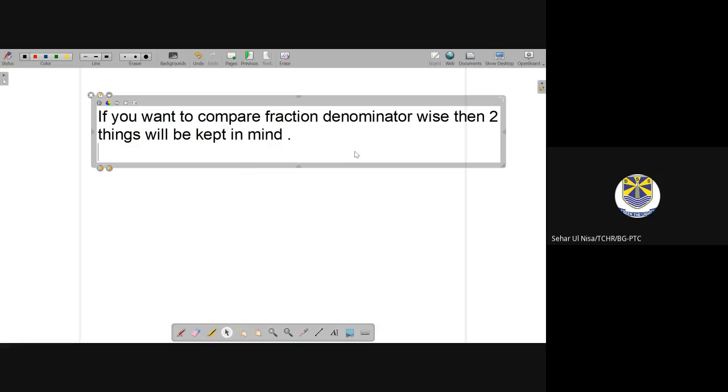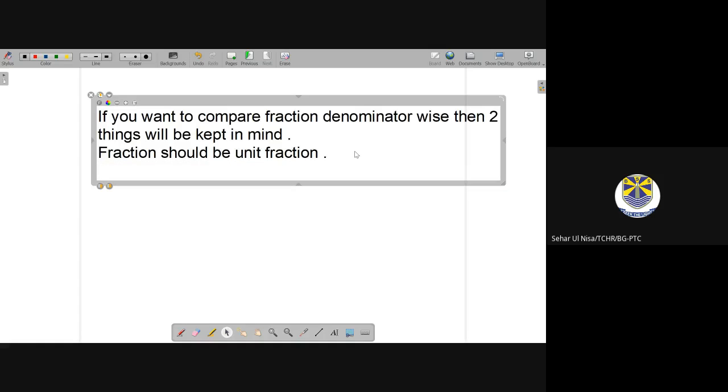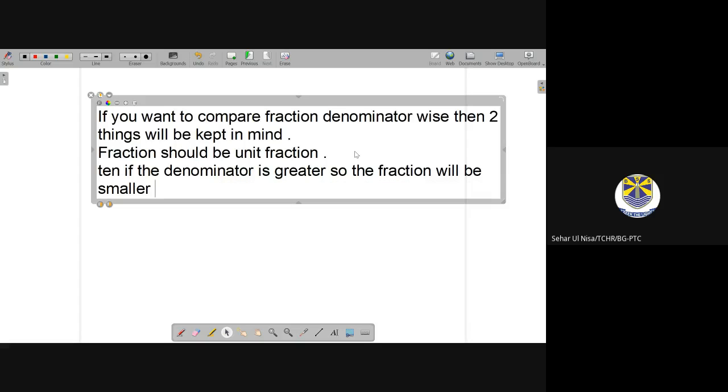First of all, the fractions should be unit fractions. This is the first condition. Then if the denominator is greater, the fraction will be smaller.